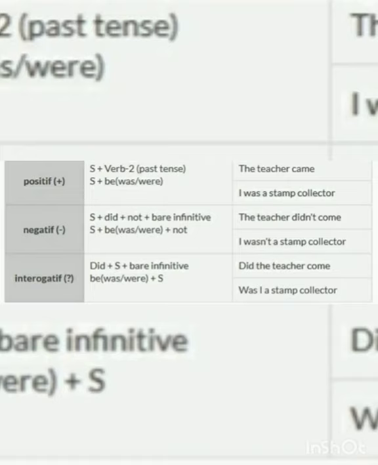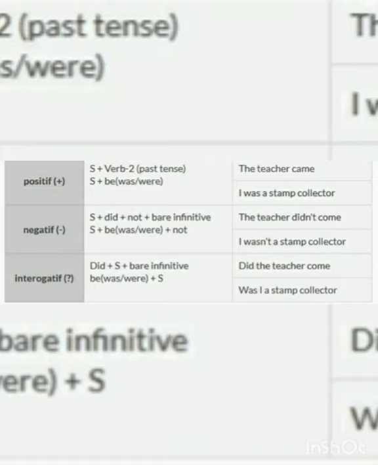Here you can see the example, the teacher didn't come. When you use the word did, you are not supposed to use the V2 form of the main verb. The main verb should take the first form, that is V1 form. So the teacher didn't come. And look at the next sentence, I wasn't a stamp collector. This is about the negative form of the statements.